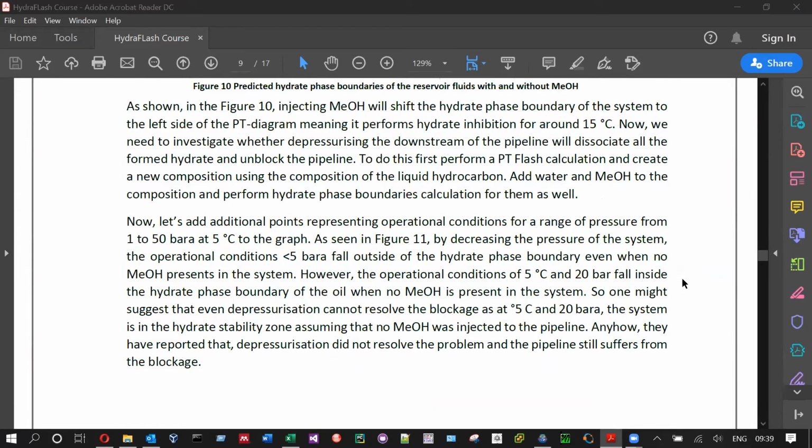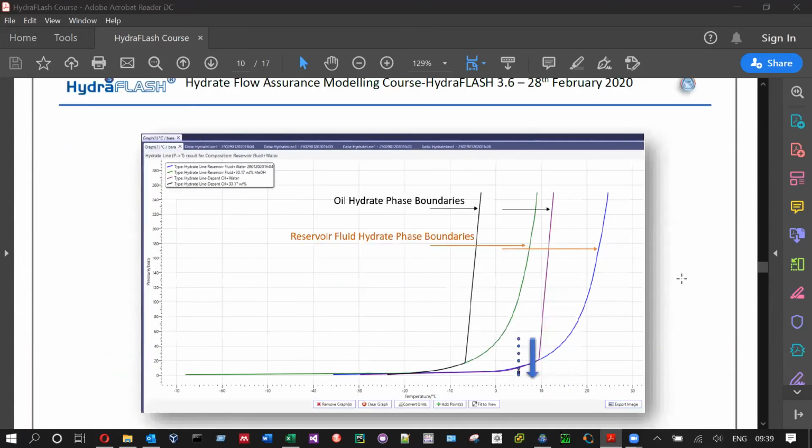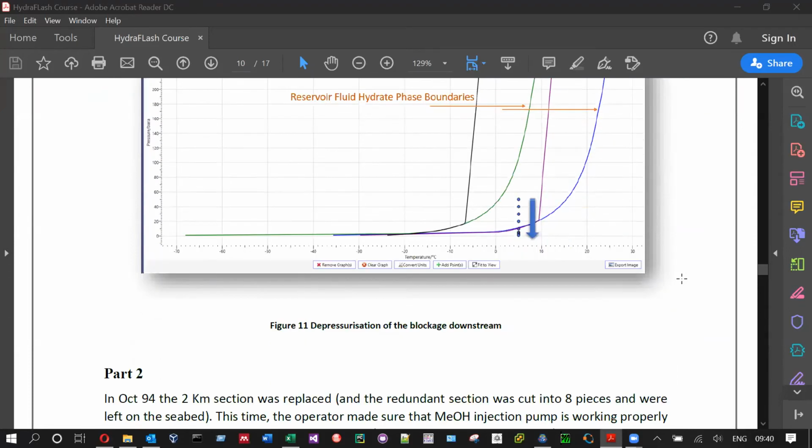Then after depressurization, we calculated the composition within the pipeline and performed the hydrate phase boundary calculations again. Knowing the pressure inside the pipeline after depressurization, we concluded that probably the depressurization didn't resolve the blockage problem. So do you have any questions up to this point?